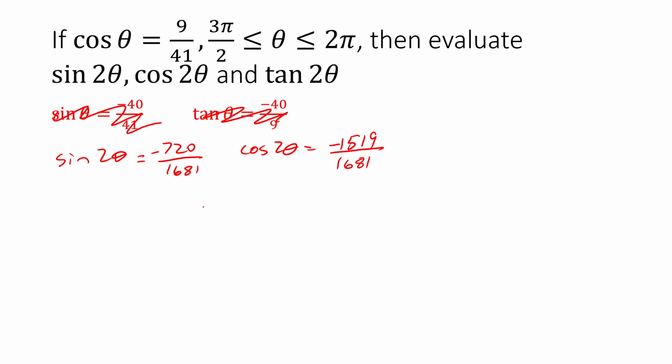So we have both of those pieces of information. All we have to do to determine the tan of 2 theta is to divide them. Negative 720 over 1,681 divided by negative 1,519 over 1,681. We're going to invert and multiply.